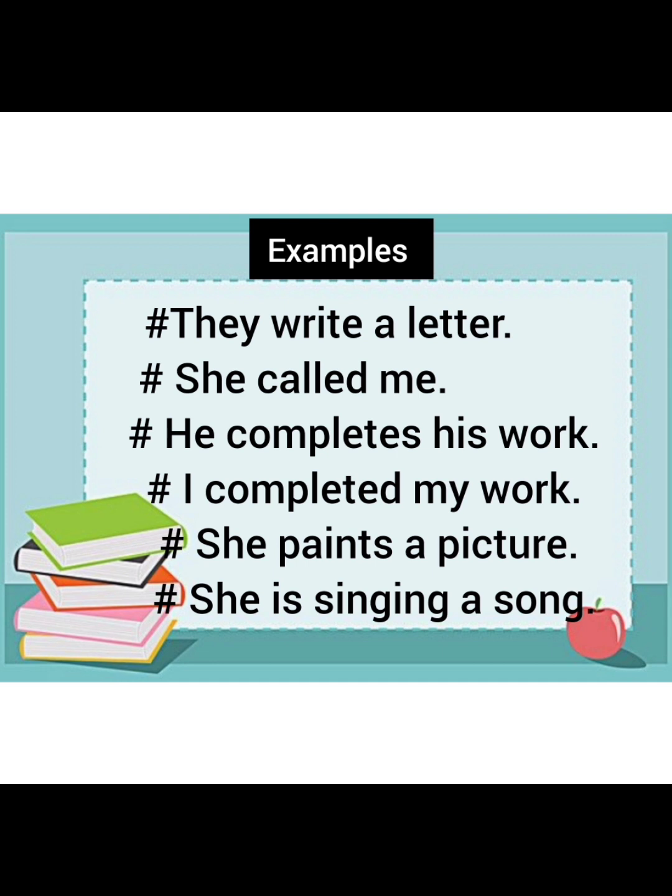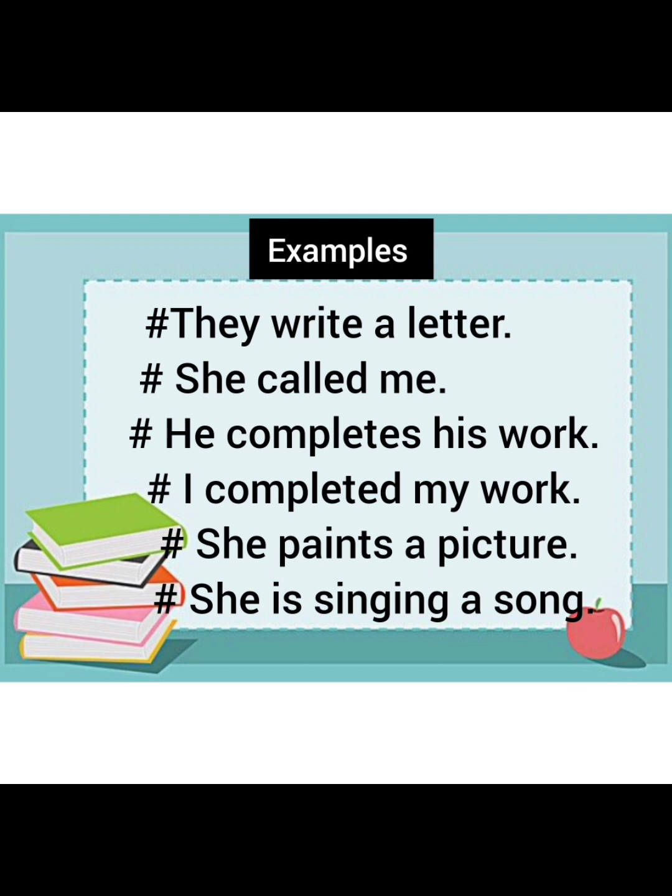She called me. Again, look at the structure of the sentence. She is subject, called is verb, and me is the receiver of the action that is called. So, called is a transitive verb. He completes his work. Again, completes is an action word, and his work is the receiver of this action.